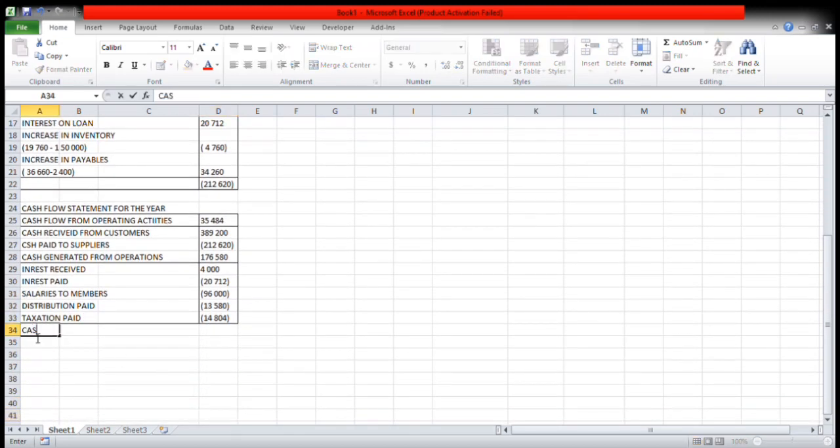So we're going to have the cash flow from investing activities.